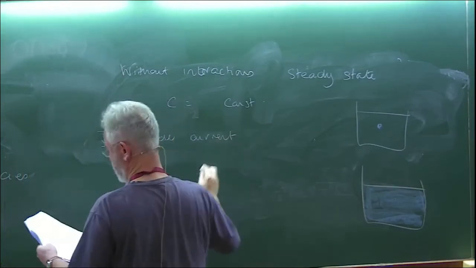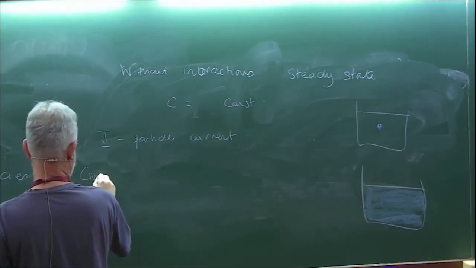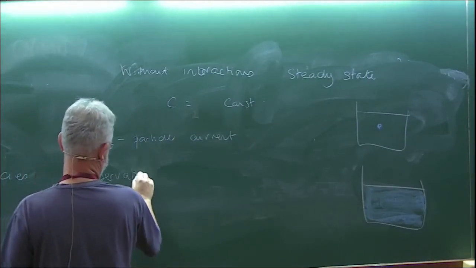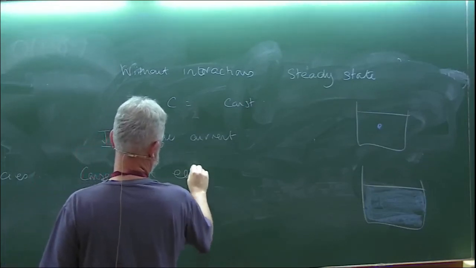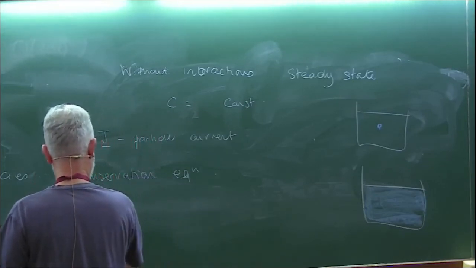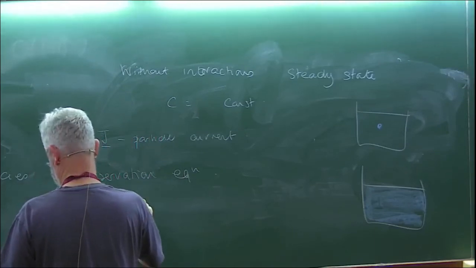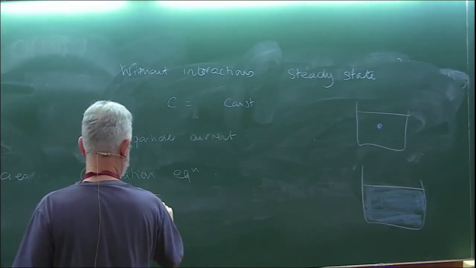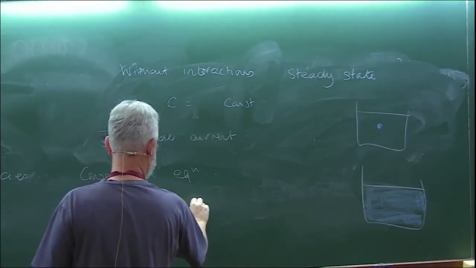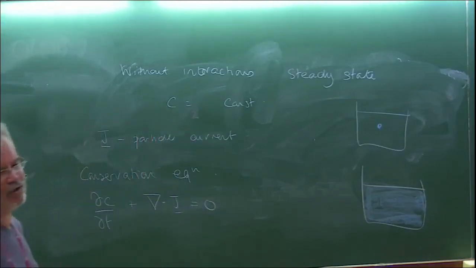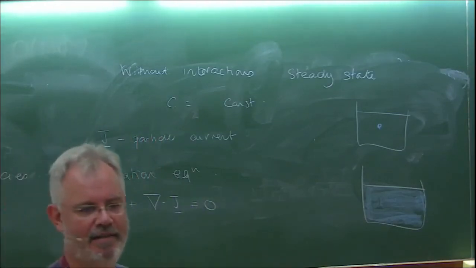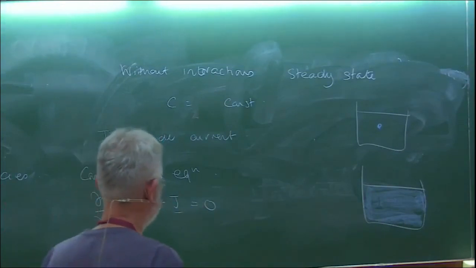okay, then you write down the conservation equation, which is just that dc by dt plus the divergence of J is equal to 0, right? That's not really a physics equation, it's a definition, to a certain extent.